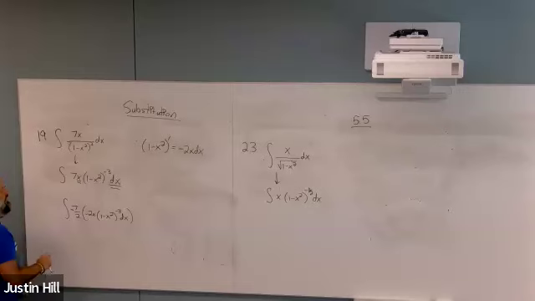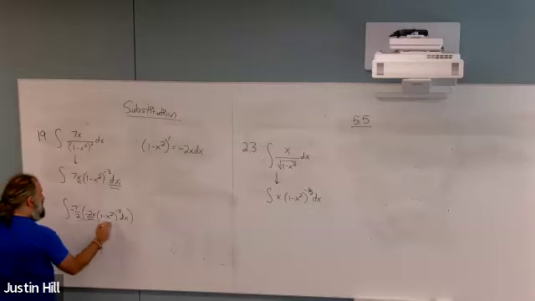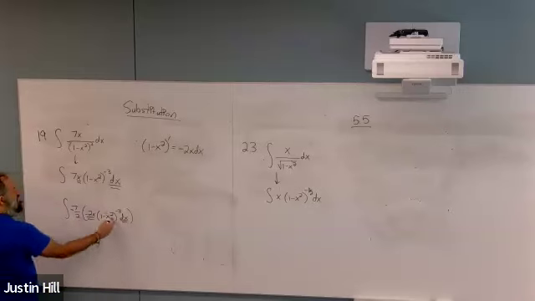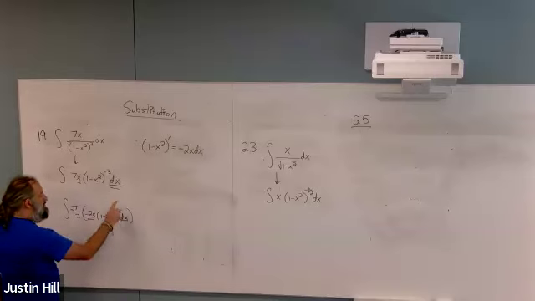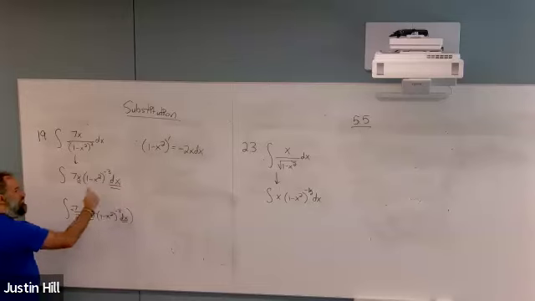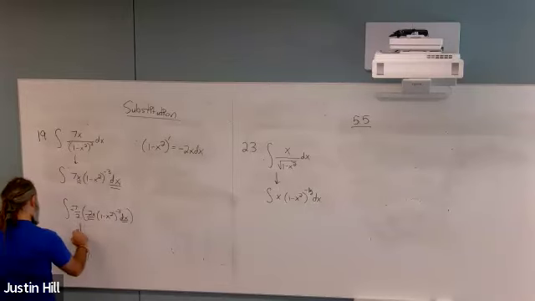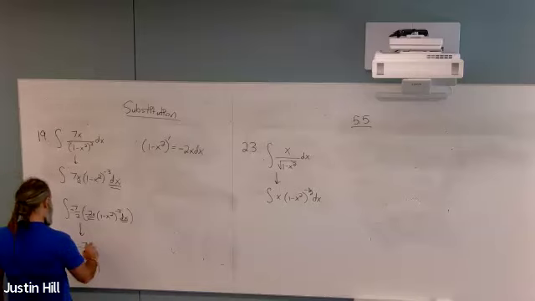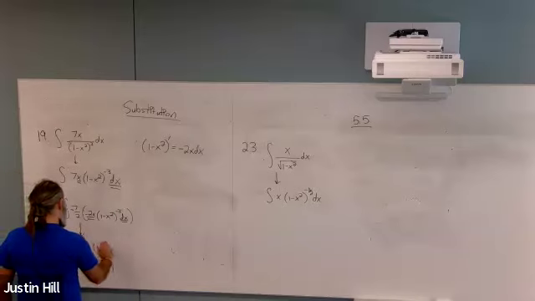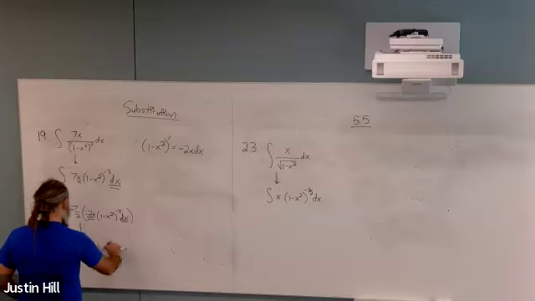But once I have that, I have negative 2x dx. So I'm going to take this. Negative 3 is my power, so I'm going to bump that up 1, negative 2, and then I'm going to divide by negative 2. So what I end up with is negative 7/2 times 1 minus x squared to the negative 2 power.